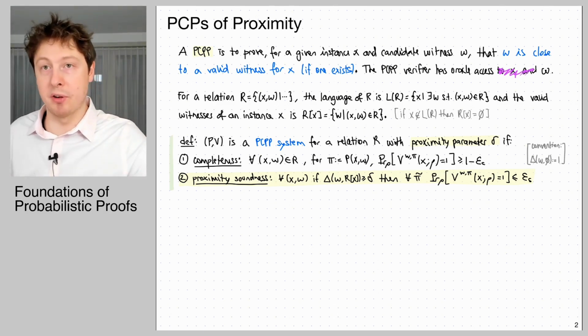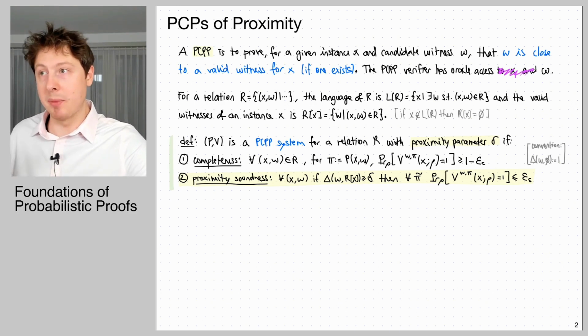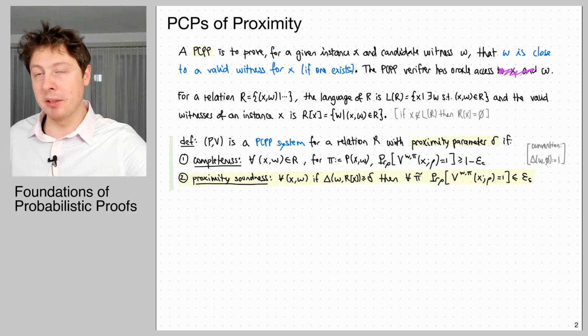This is of course for a given soundness error. Then of course there are trade-offs: for a particular construction, you can try to make the robustness parameter smaller, and that might reduce your soundness error; and you may increase the proximity parameter, and that might reduce your soundness error. But for the same target soundness error, you want large robustness and small proximity. Okay.